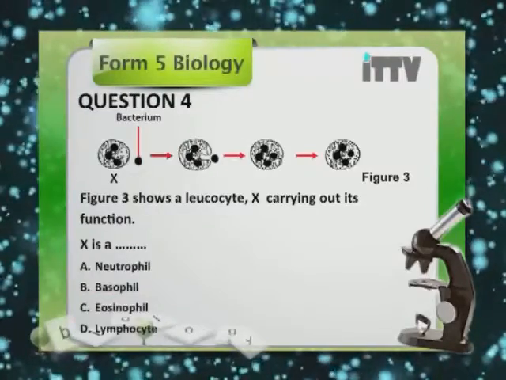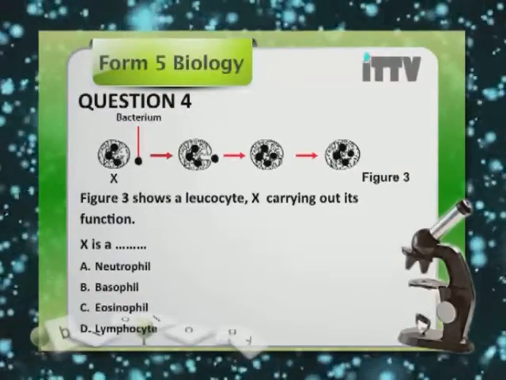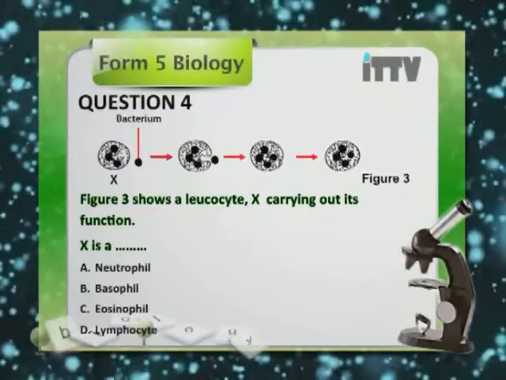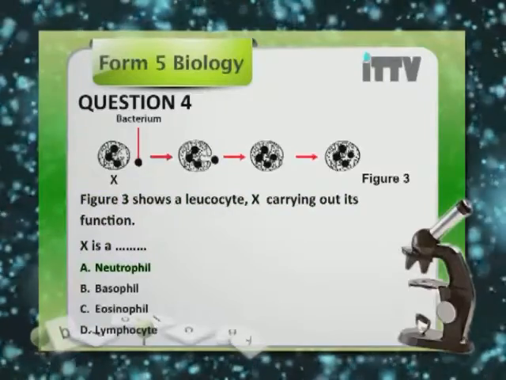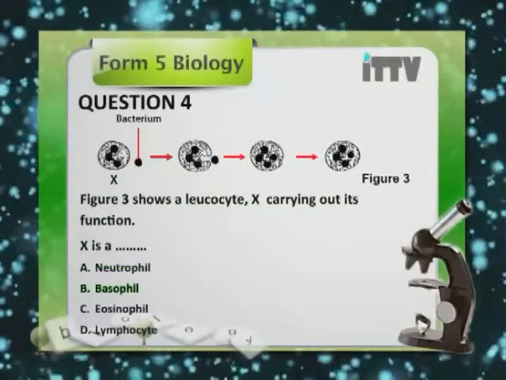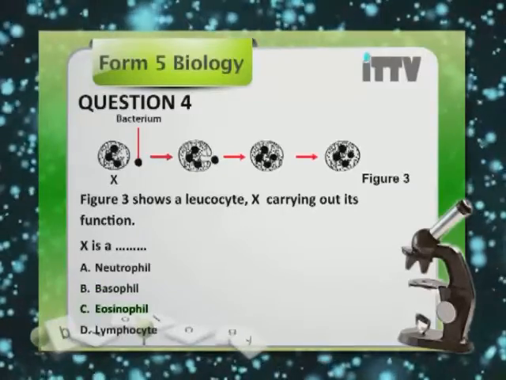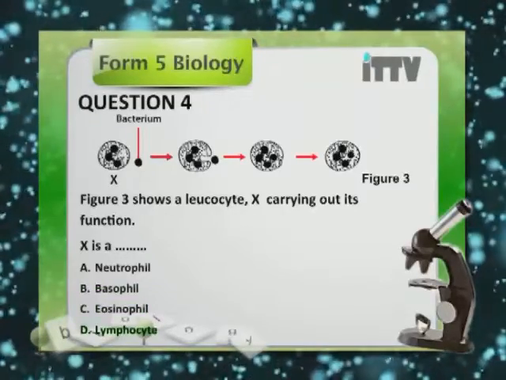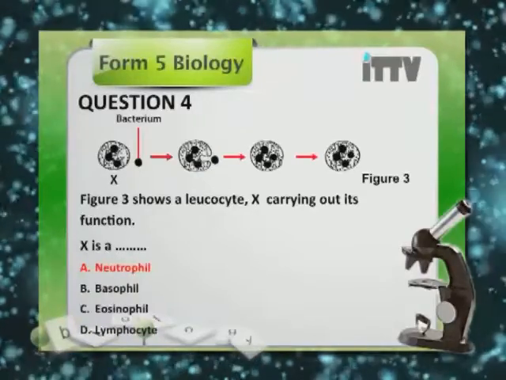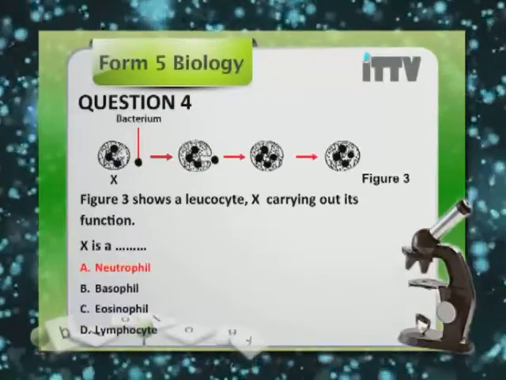Okay, take a look at figure 3. Figure 3 shows a leukocyte X carrying out its function. X is A, neutrophil, B, basophil, C, eosinophil, and D, lymphocyte. The answer is A, neutrophil.